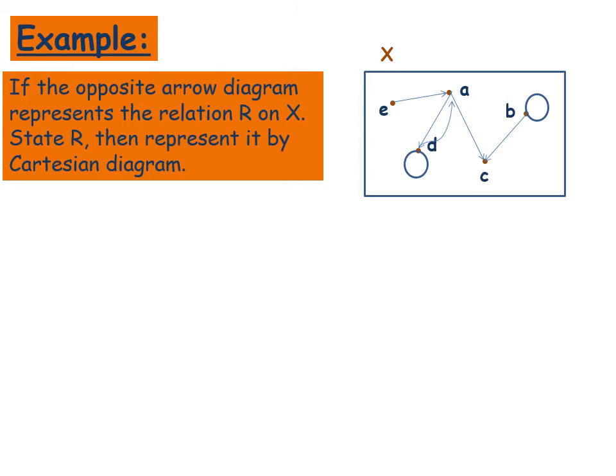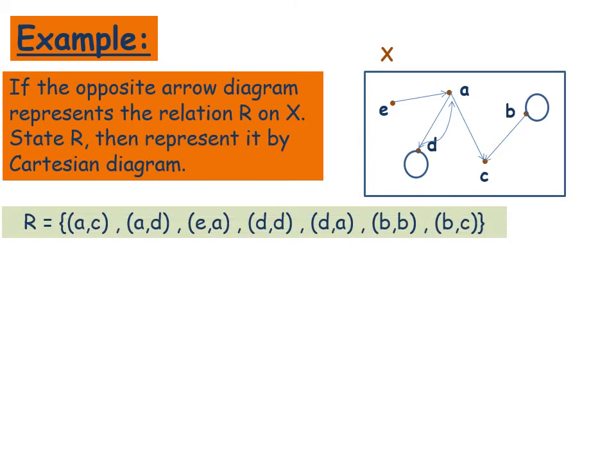I will set R equals, and I will go to every arrow. So I will have AC, AD, EA, DD, DA, BB, and BC. And to represent it on the Cartesian diagram, I will have two sets, X and X. One of them on the horizontal line, the other on the vertical line, like that.